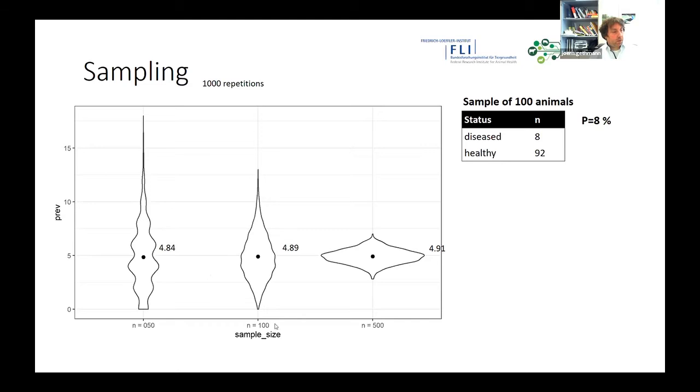If you take 100 animals, the confidence intervals are lower, and you will get the best results, and very often the right prevalence, if you take a sample of 500 animals. Now you have to find a compromise between the sample size and the precision, the accuracy of your sampling.